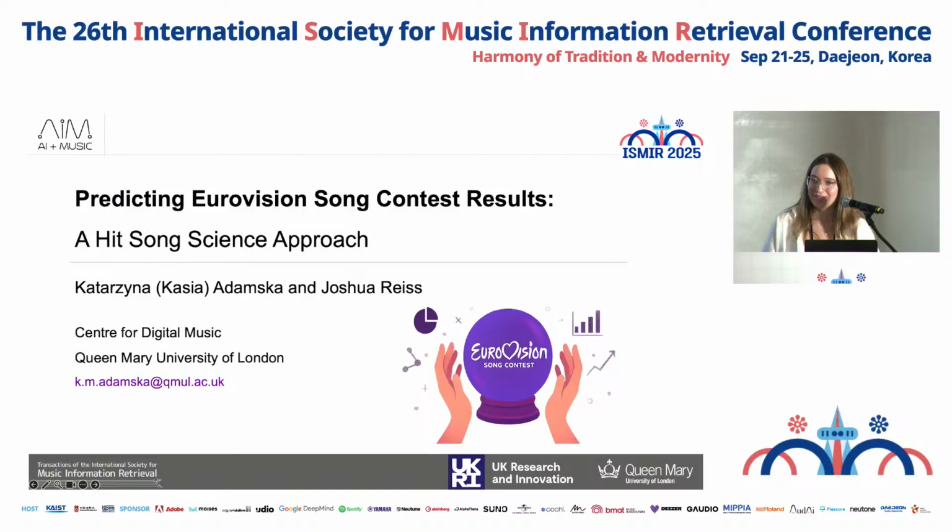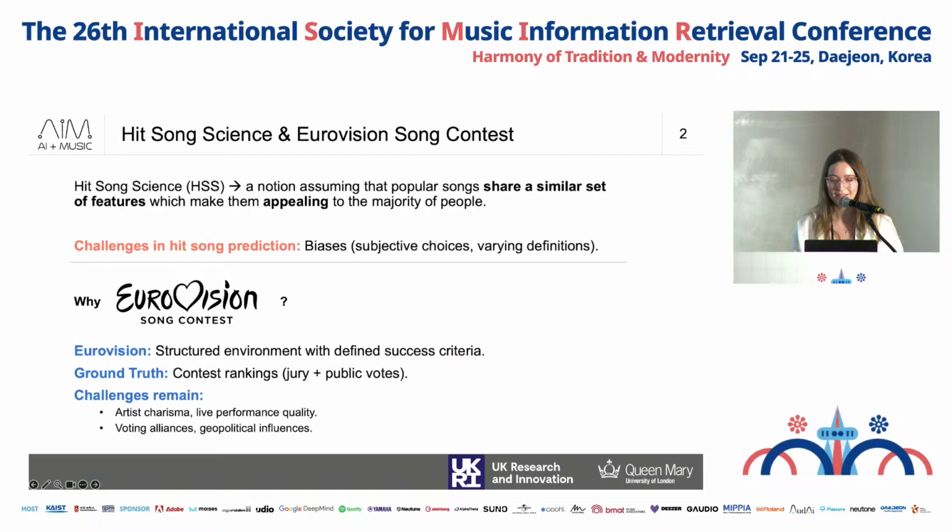I'm Kasia, from the Centre for Digital Music, and I'm presenting the paper Predicting Eurovision Song Contest Results, a Hit Song Science Approach. It was published at ISMIR earlier this year and co-authored by my supervisor, Joshua Reiss. So, Hit Song Science assumes that popular songs share musical, cultural, and contextual traits.